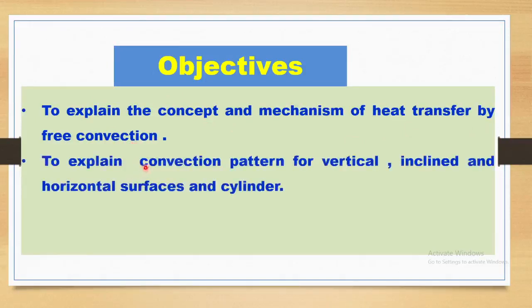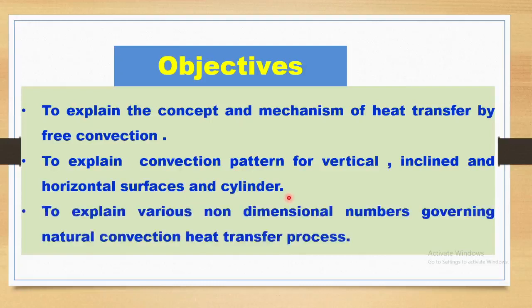Second, to explain convection pattern for vertical, inclined and horizontal surfaces and cylinder. And the last objective is to explain various non-dimensional numbers governing the natural convection heat transfer process.